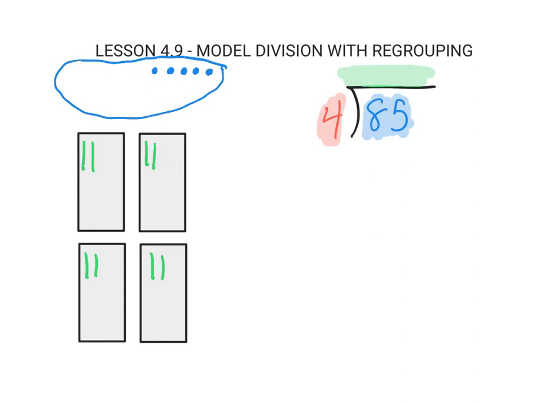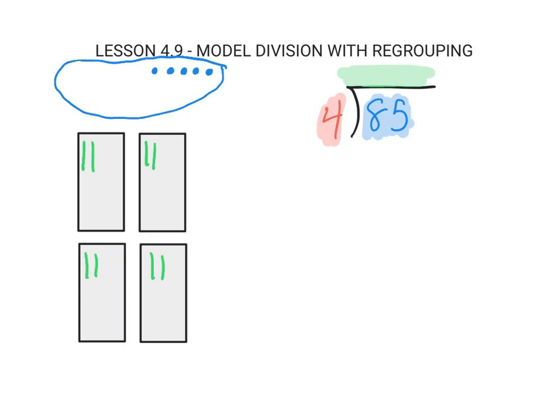That's fun. So how many tens are in each jar? If you said 2, that's correct because I have 2 tens. So where does that 2 go if I'm doing division over here? That's right.